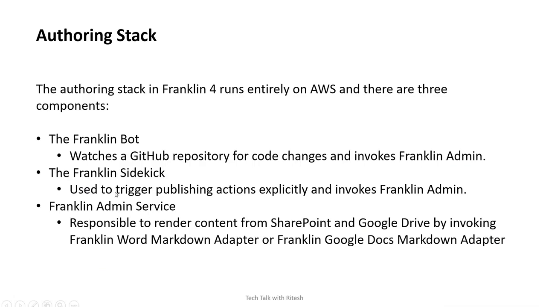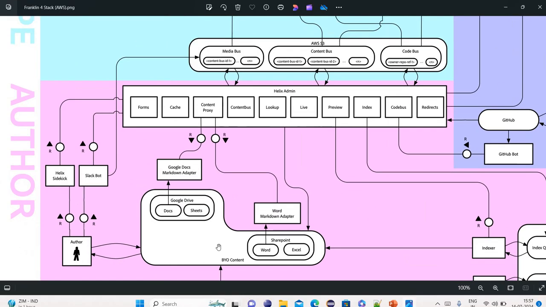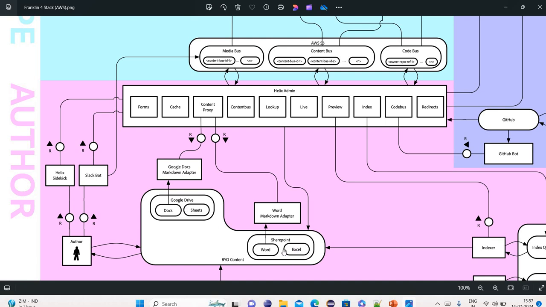Another component is the Franklin sidekick, used to trigger publishing action. Again, the Franklin admin is responsible here. I'm making some changes in Google Drive or SharePoint. I'm previewing it or activating it, making it live. I have this board here, the Helix sidekick, which is an extension. We'll see it is very convenient to just install as a Chrome extension, and then we can just activate the content.